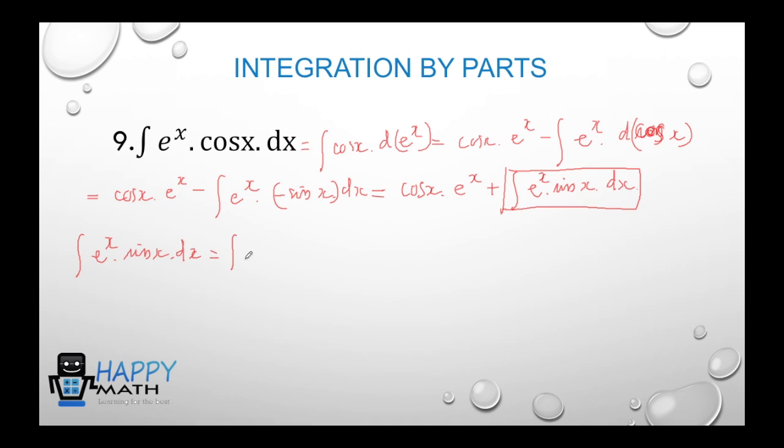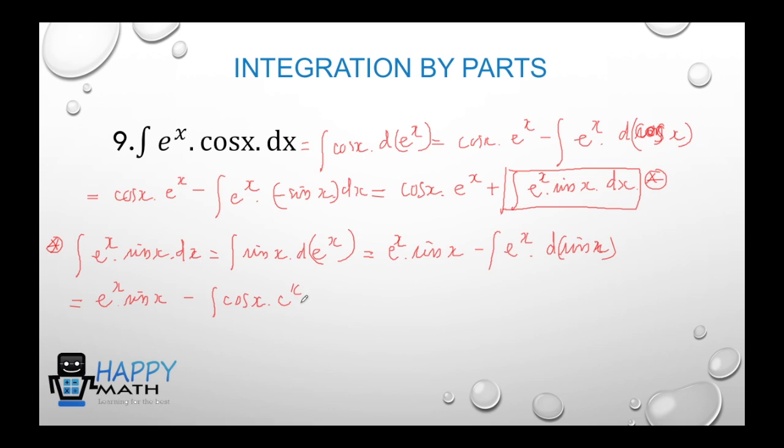I move e power 2x inside of dx one more time, and apply the integration by parts. e power 2x times with sin x minus, time with d of sin x, and it becomes e power 2x times with sin x minus cos x times with e power 2x times with dx.